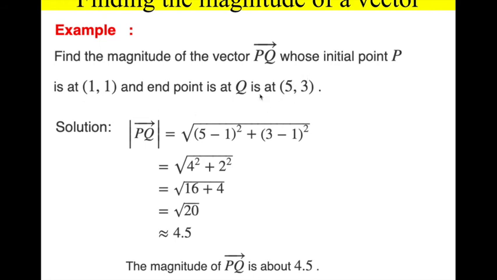So you subtract those x's. Order doesn't actually matter because the power of 2 applies. Then you subtract the respective y, that's 3 minus 1. Again, order doesn't matter because there's a power of 2. And there you go. That is the magnitude of vector PQ.